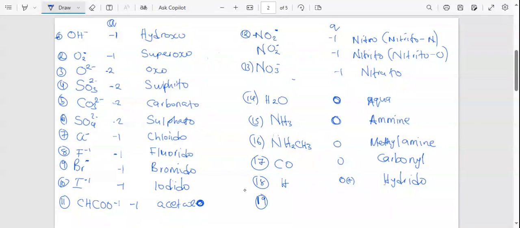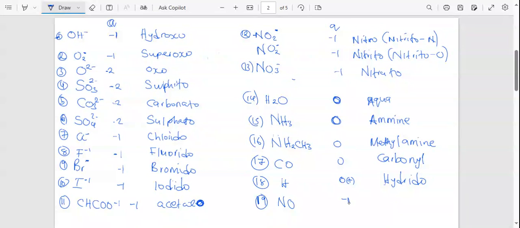The other thing I can give you is nitrogen monoxide. It looks like this. This is nitrogen monoxide, which is also an ion ligand.